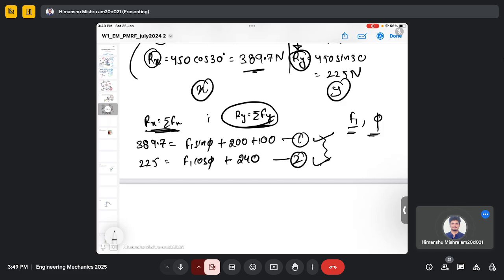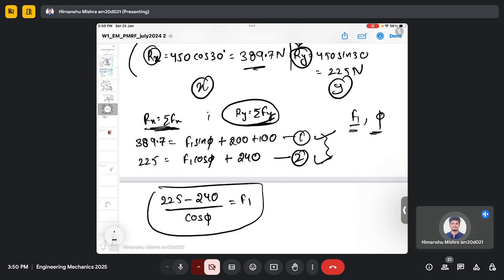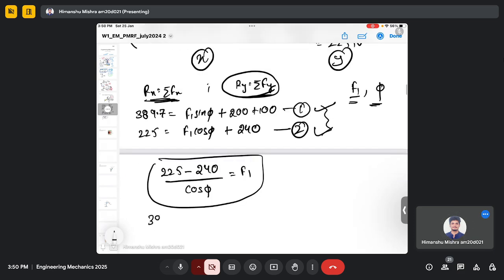Let's say I write my equation 2 as F1 cos phi equals 225 minus 240, and I put this expression in equation 1. So F1 is 225 minus 240 divided by cos phi, times sin phi, plus 200 plus 100, which is 300.